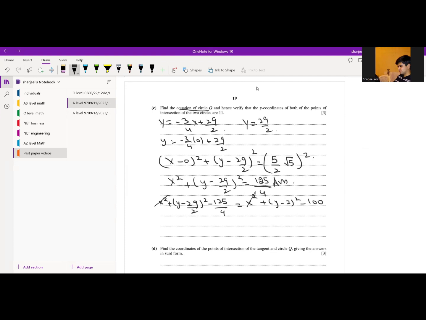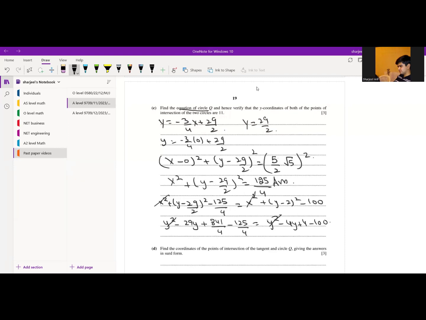Now we will solve it to get y square minus 29 y plus 841 over 4 minus 125 over 4 equals y square minus 4y plus 4 minus 100. Cancel these two.